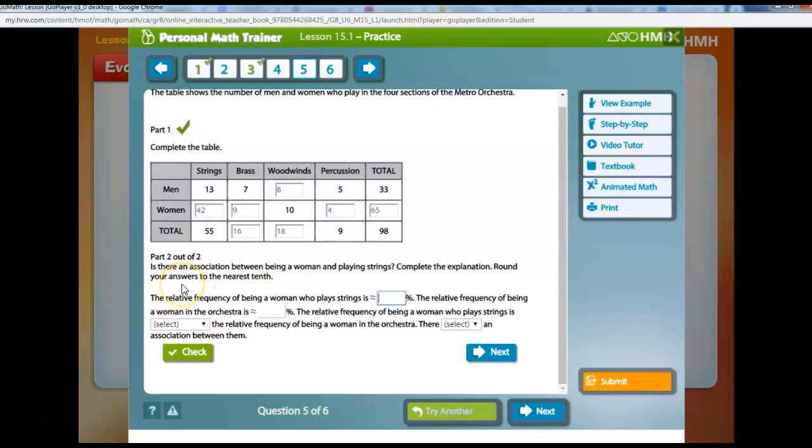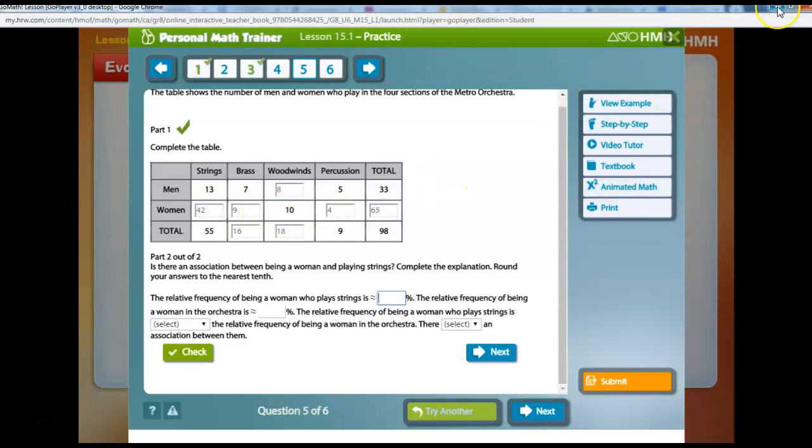It says, is there an association between being a woman and playing strings? Complete the explanation. Round your answer to the nearest 10. The relative frequency of being a woman who plays strings is 42 out of 65.